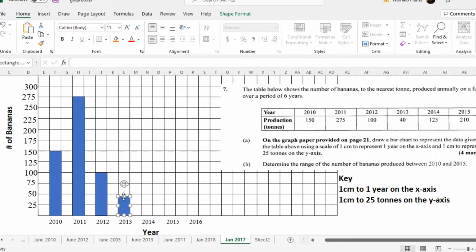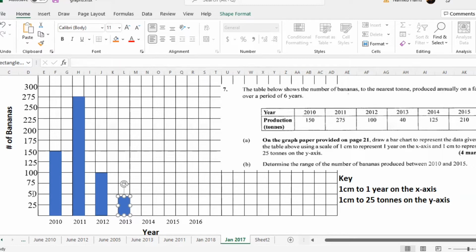And if you realize, guys, it says every 1 centimeter to 1 year. So every 1 centimeter we have a year. So we have 2010, then 2011, then 2012, then 2013, 2014, 2015. On our y-axis it was 1 centimeter to 25 tons. So every 1 centimeter we added 25 tons.